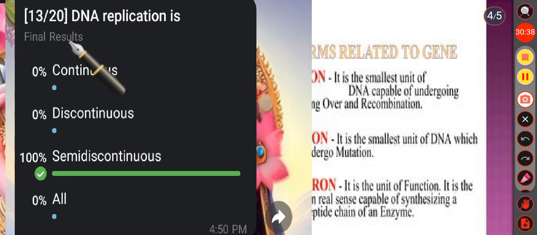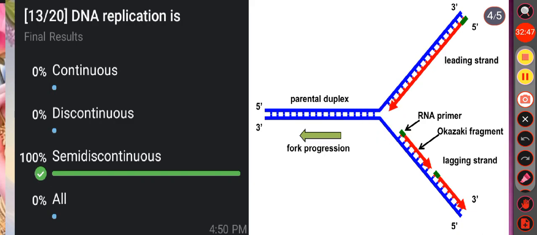Then question number 13, DNA replication is option A continuous, option B discontinuous, option C semi-discontinuous, option D all. Here the correct answer is option C, that is semi-discontinuous. Why? See this slide. We know in the DNA replication, if the parental strand is 3' to 5', then the new strand is easily formed in the 5' to 3' direction, and it is called the leading strand.